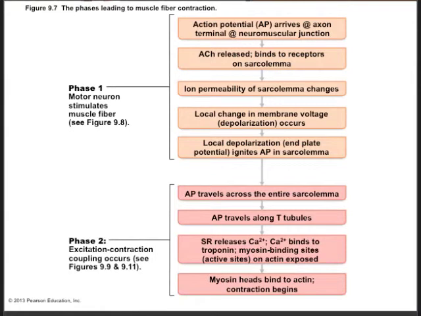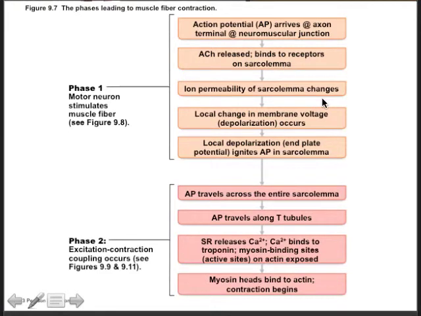So what we're looking at here is just the series of events that leads to muscle contraction. The action potential arrives at the axon terminal at the neuromuscular junction. The acetylcholine is released and binds to receptors on the muscle cell membrane. That's the sarcolemma here. Okay.